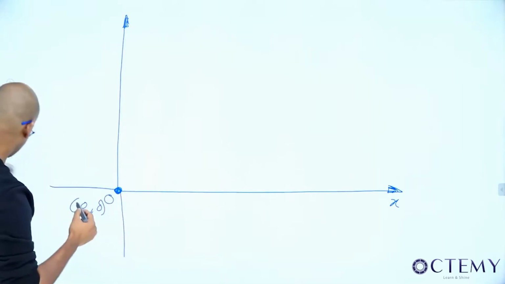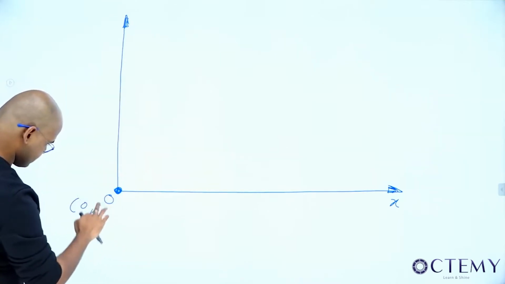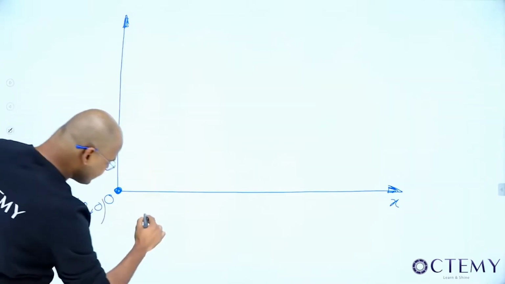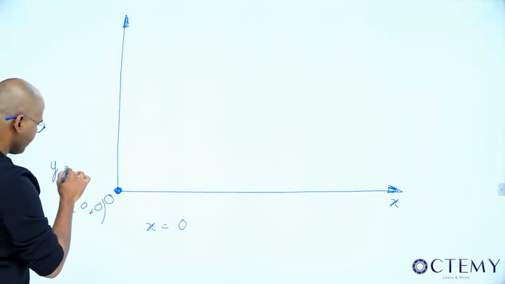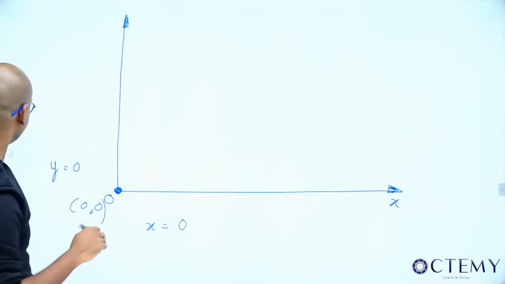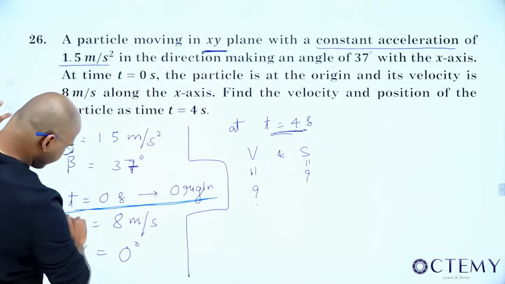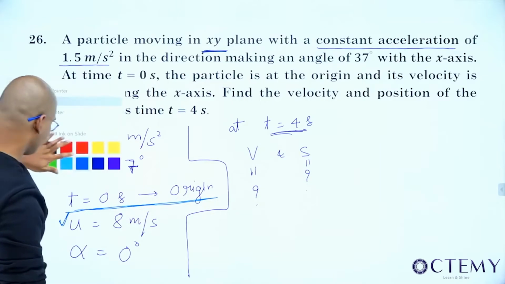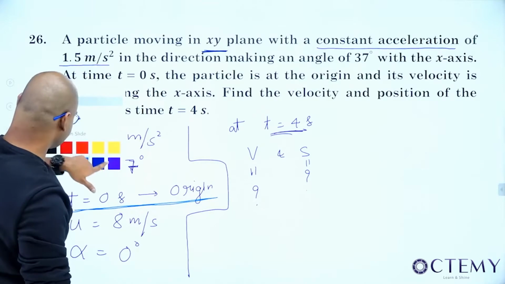So initially the position x is 0, y is also 0. Initially, this is the condition. Next, velocity. Initial velocity u equal to 8 meter per second, making an angle alpha equal to 0 degrees.